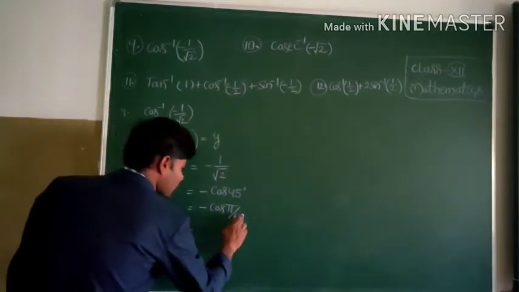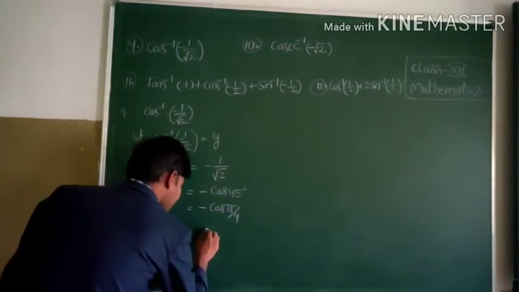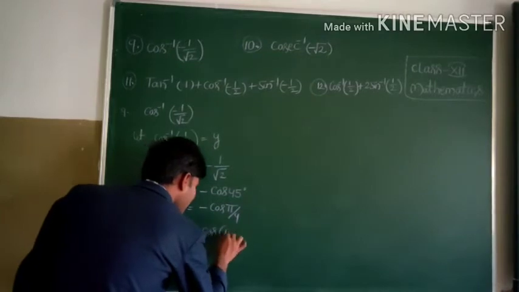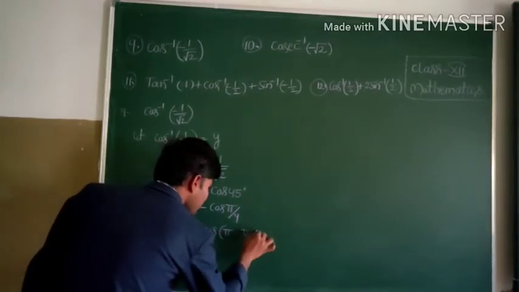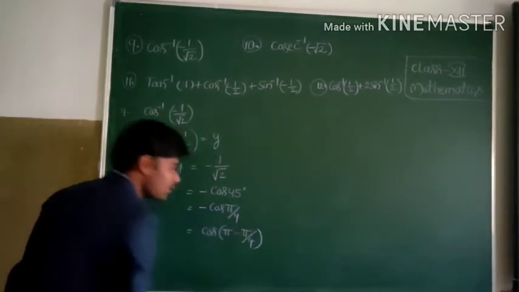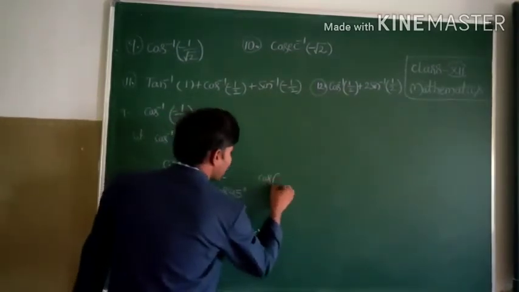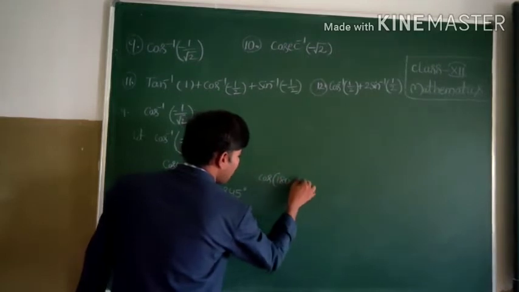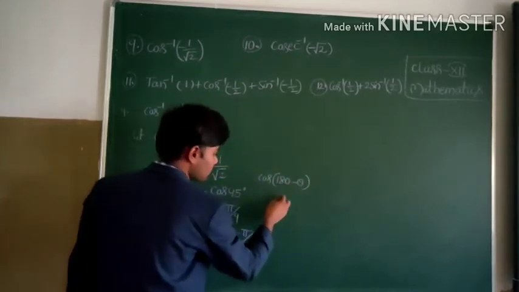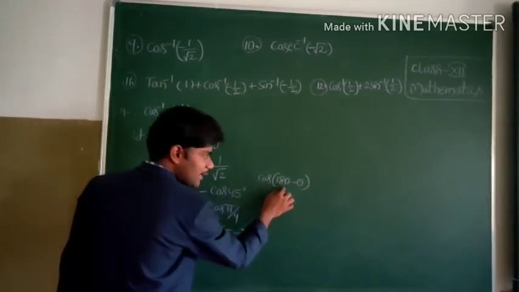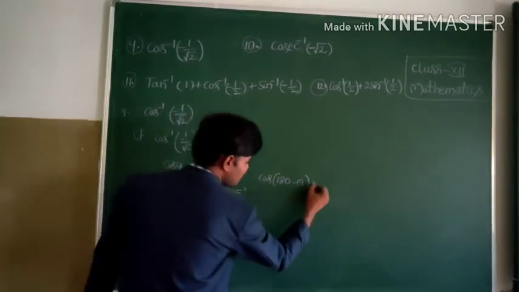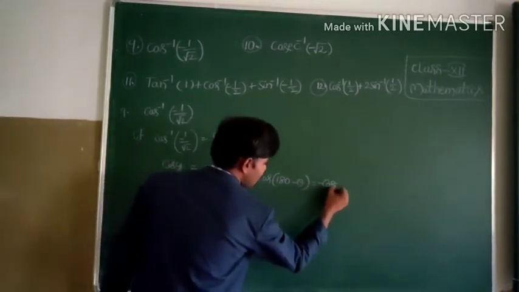Next, let's see the continuation of this. Minus cos pi by 4. So I can write this as cos of pi minus pi by 4. Already you know cos of 180 minus theta, or pi minus theta, because the pi value is 180 degrees. So cos of 180 minus theta is equal to what? Minus cos theta.